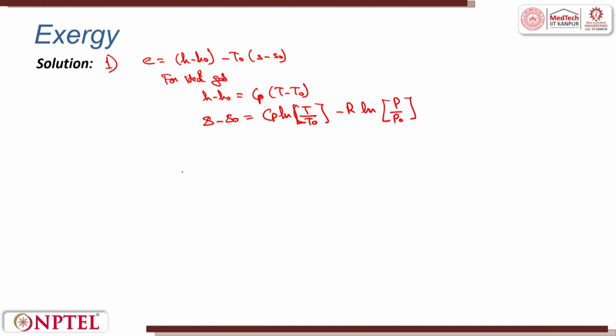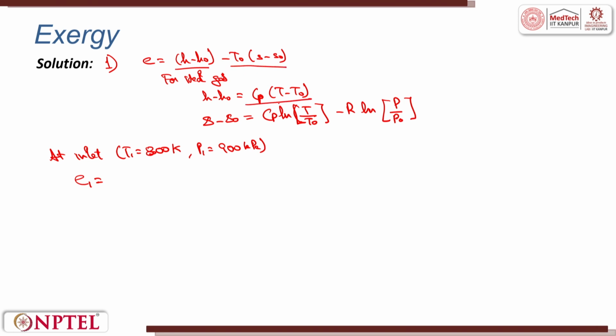So at the inlet, where temperature is 800 Kelvin and pressure is 900 kilopascal, E1 is equal to the H minus H naught part minus T naught into the S minus S naught part.